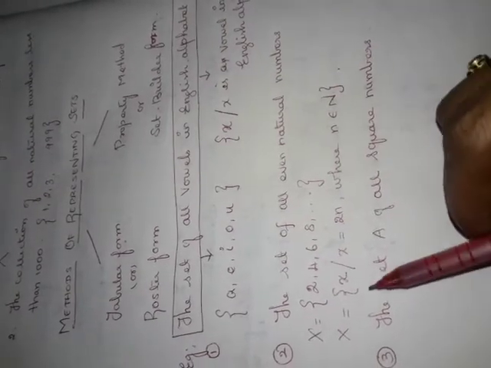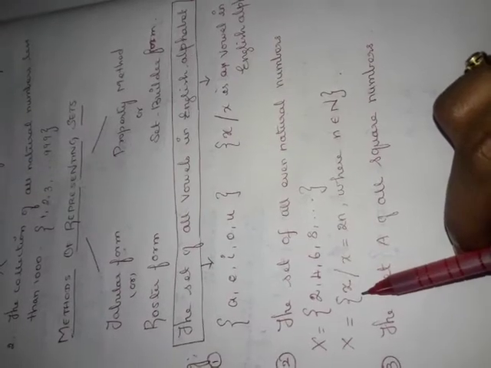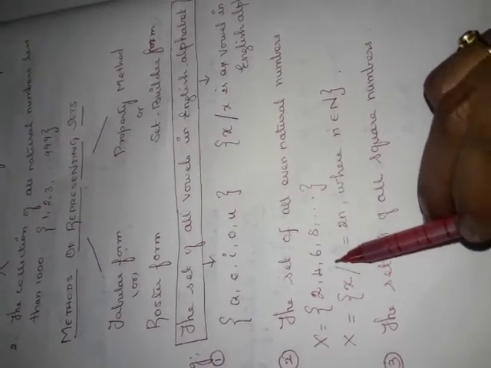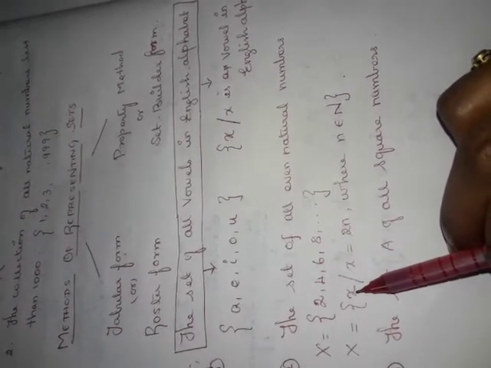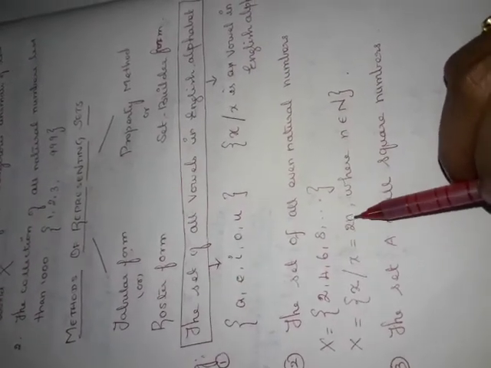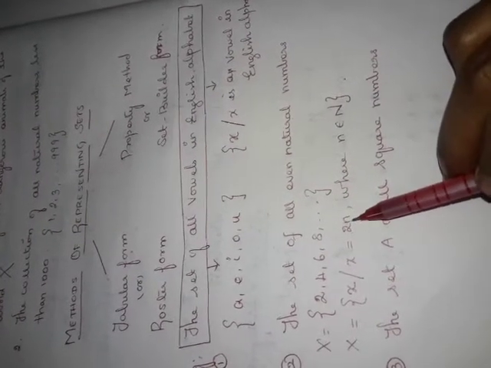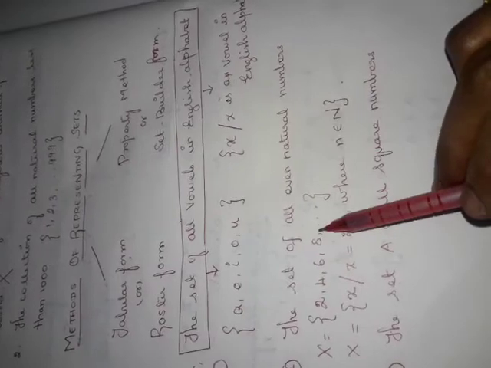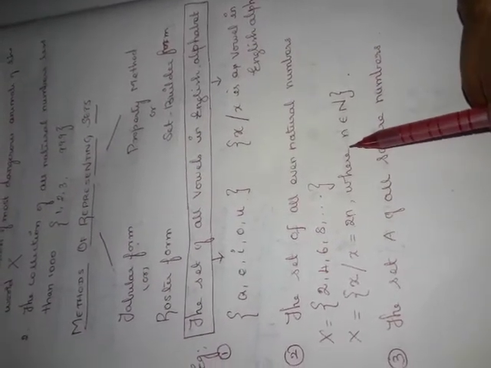So in set builder form, how can we express it? First we have to write within the flower braces. How will you read this? Set of all x such that, what is this x? We are giving a description for the element of the set. x is equal to 2n, where n belongs to capital N. If you apply values for n repeatedly, we will get 2, 4, 6, 8 and so on, which is nothing but the set of all even natural numbers.